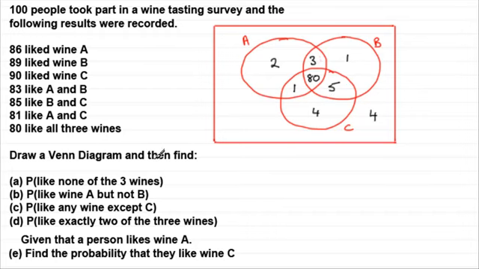Now we should be in a good position to answer these questions. The first one, and I've written P just short for probability. We're trying to work out the probability that we have people that like none of the 3 wines. Well, none of the 3 wines has to be that 4 there.